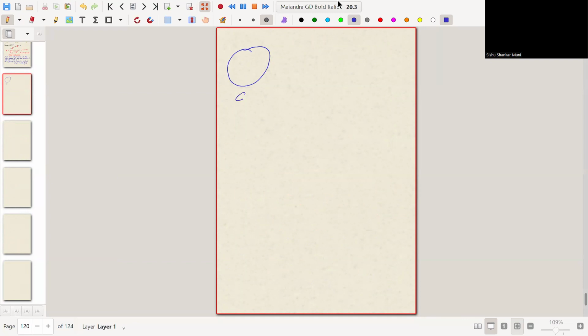How you can see? Take any 2 points. I took this point and this point. What will happen if you take any line segment joining here? Do you see all the points are lying inside the set C?